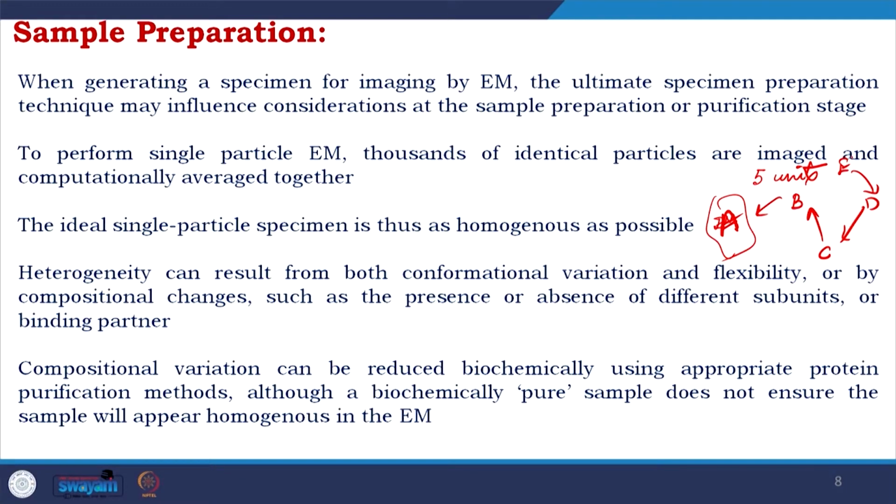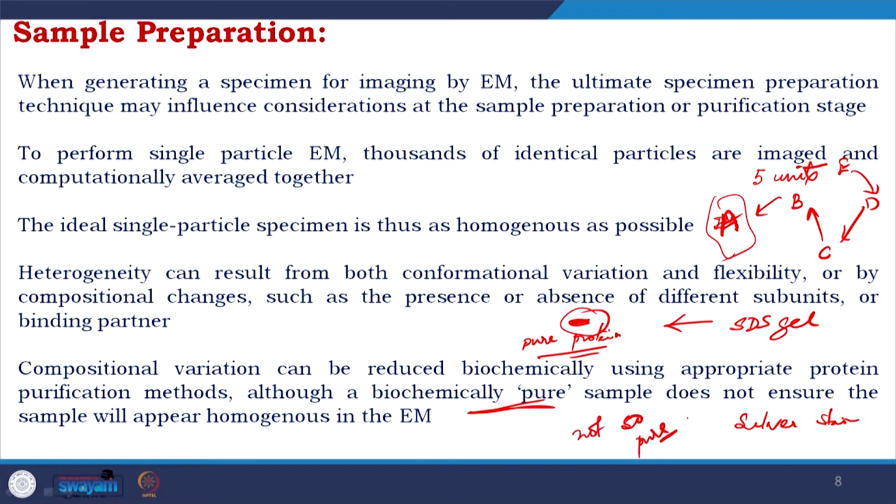So, how do you know a biochemically pure sample? You will run it on an SDS gel, right, and you get a pure band. So, you know it is pure protein, but when you do silver staining, you will see that this protein is not so pure.